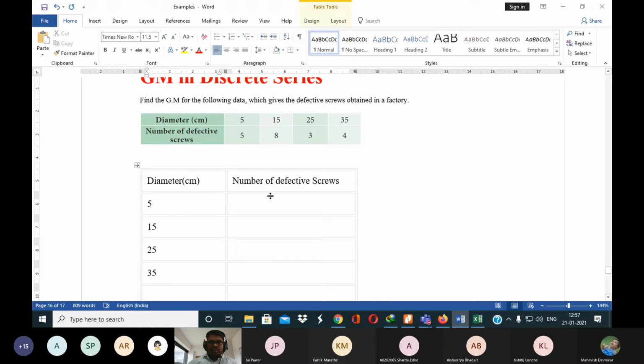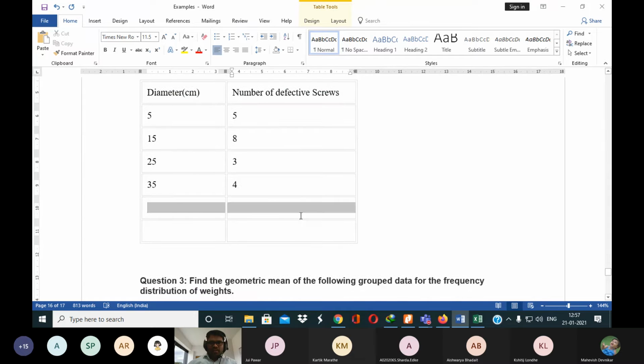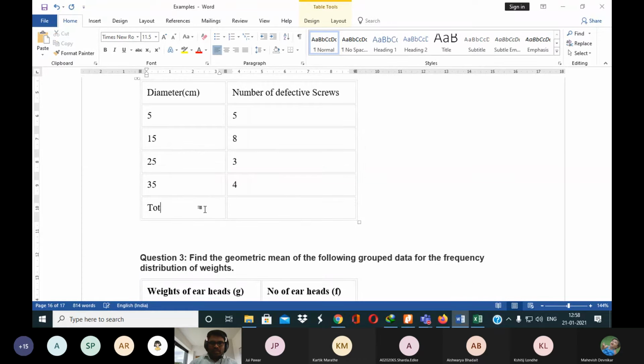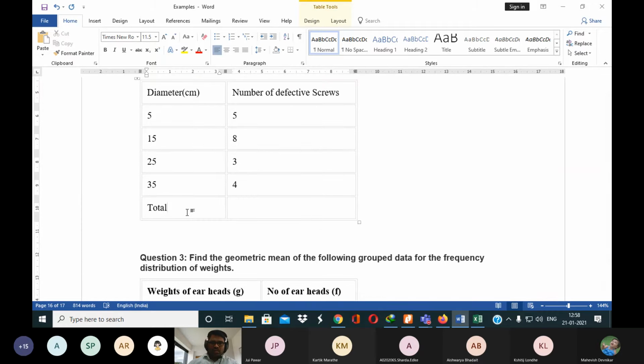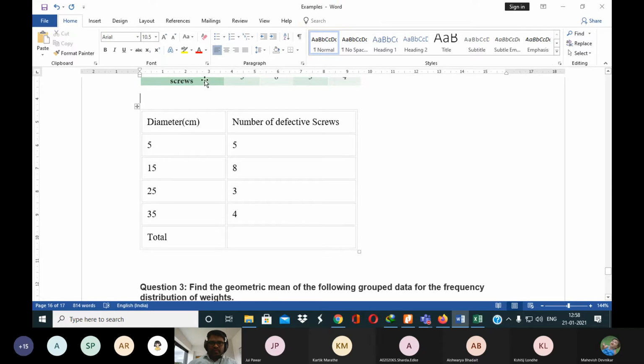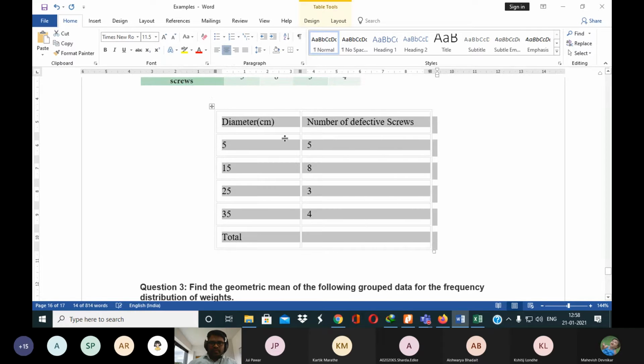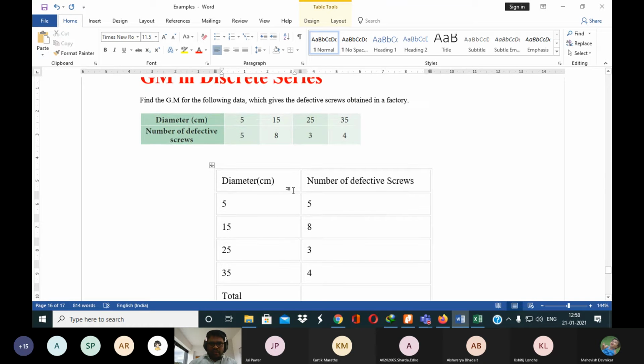Only four values are given, and the respective frequencies are 5, 8, 4. Okay, so this will be considered as the x value, this is your x and this is your frequency.